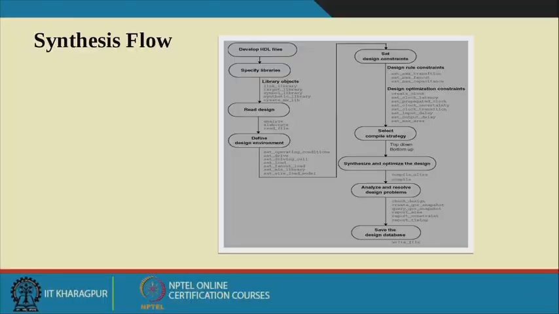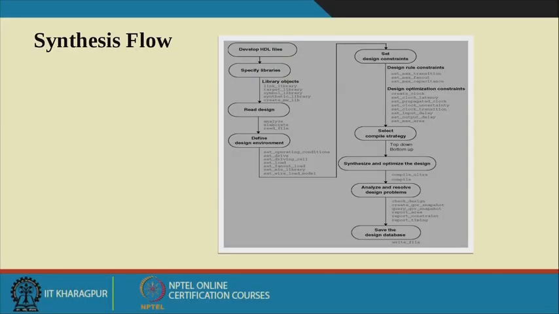So I will put that the clock period cannot be more than 10 nanosecond. That is the constraint to Design Vision, that the clock period will be set to 10 nanosecond only.